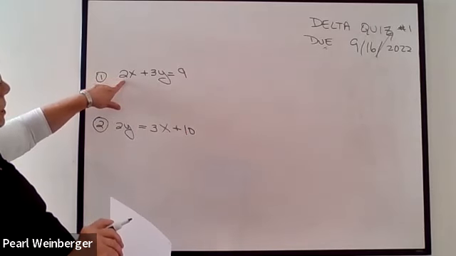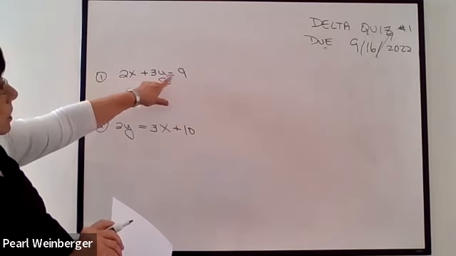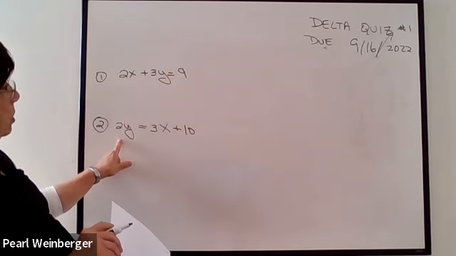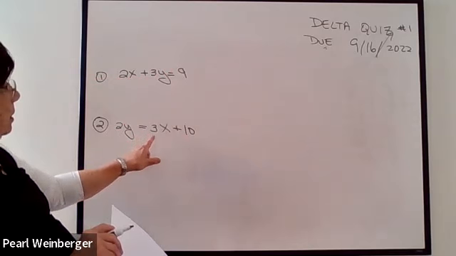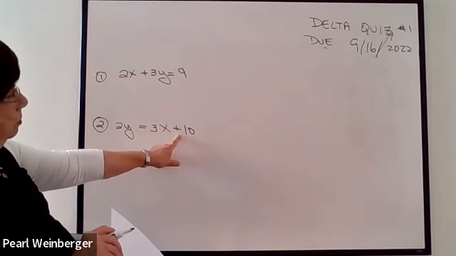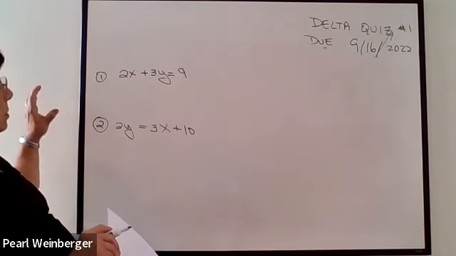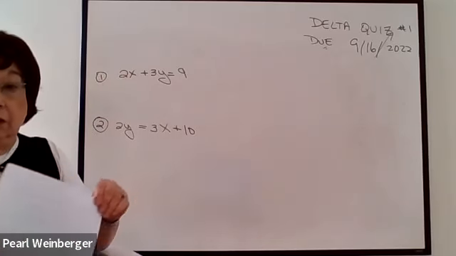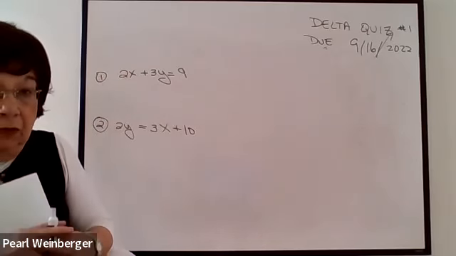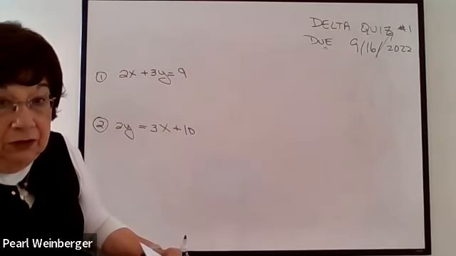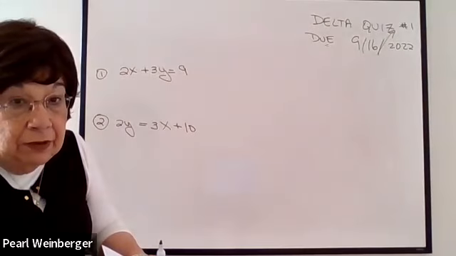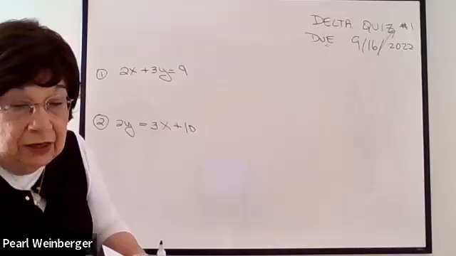Line number 1 is 2x plus 3y equals 9. Line number 2 is 2y equals 3x plus 10. So I want you to put both of these lines into the y equals mx plus b form. Find out what their slopes are, and then decide if the lines are parallel, perpendicular, or neither.